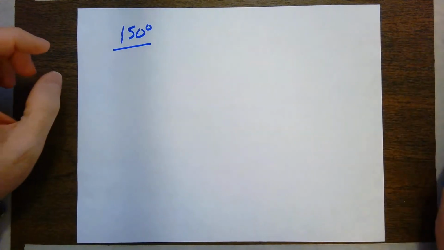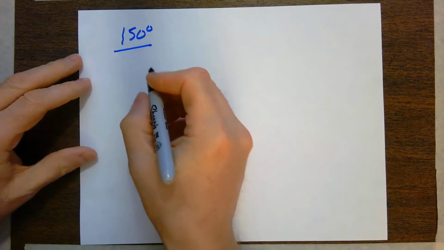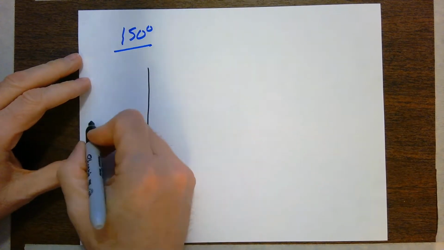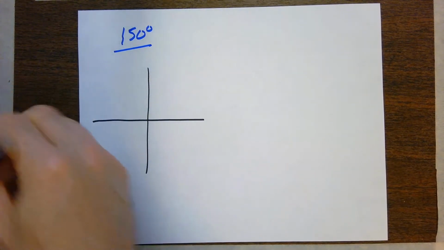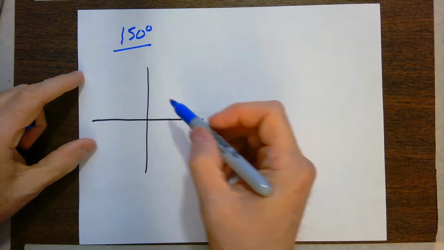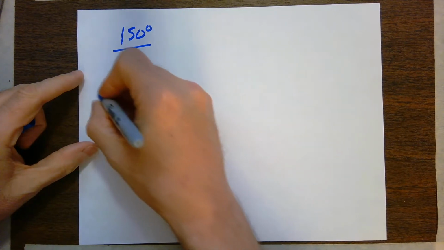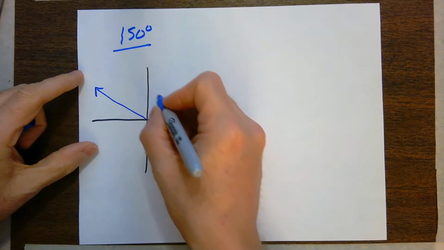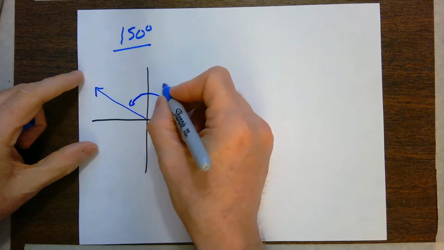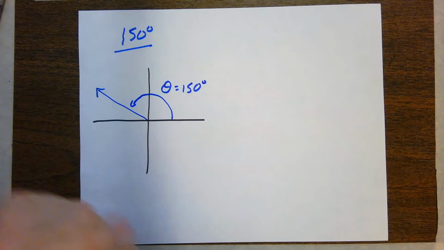So given 150 degrees, well, what do I know about a 150 degree angle? Well, if I graph it, from standard position, it's going to be in the second quadrant, somewhere over here like this. Here is my angle, 150 degrees.